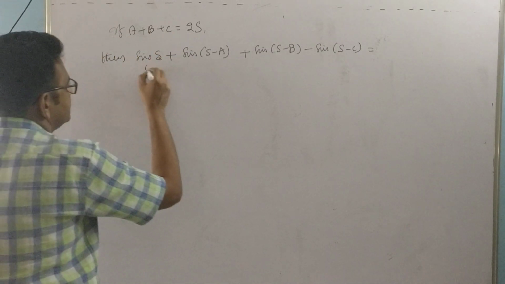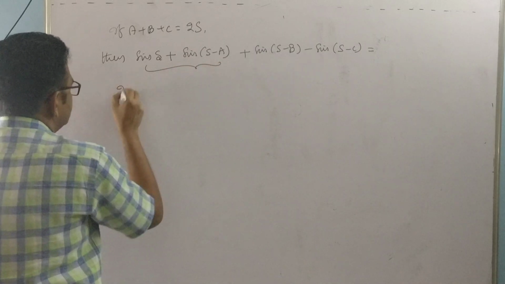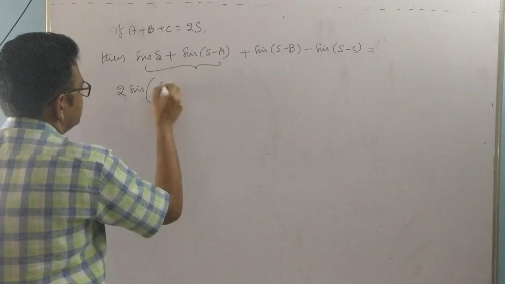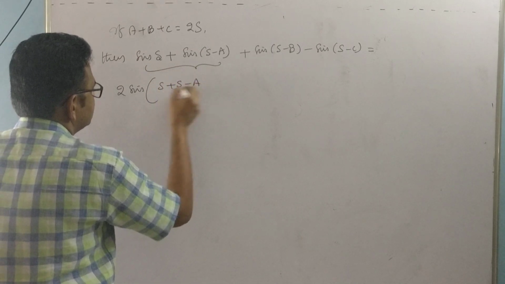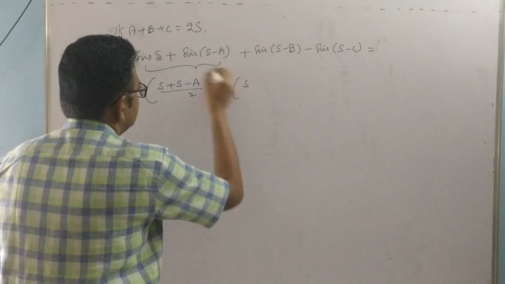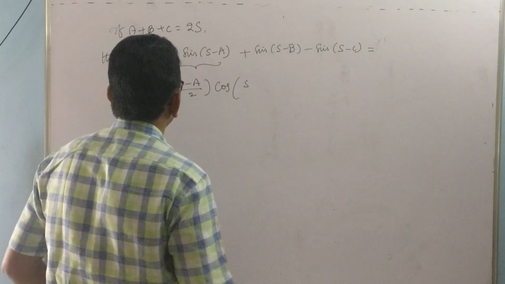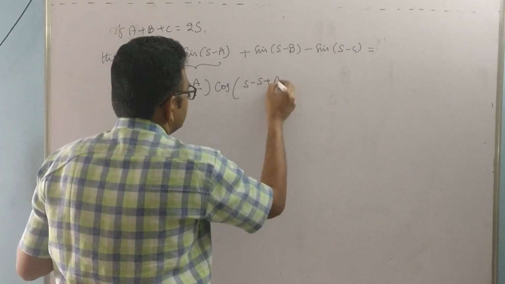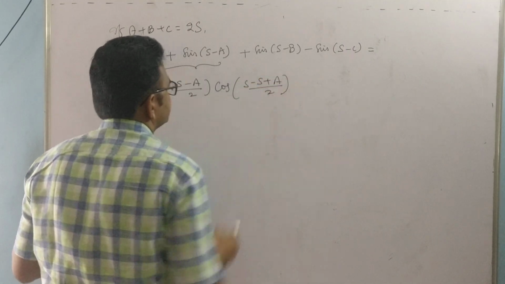Now this is sin C plus sin D: 2 sin of (C plus D) by 2, that is s plus s minus a by 2, into cos of (C minus D) by 2, that is s minus s plus a by 2.